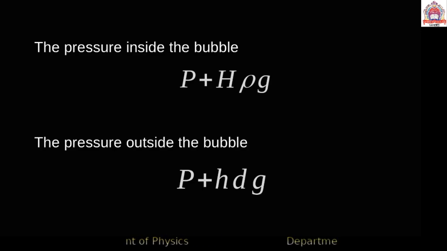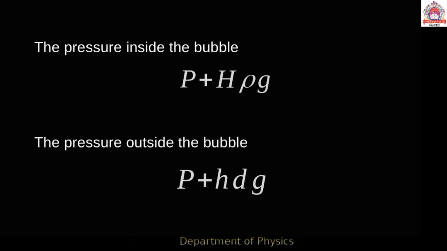So that the pressure inside the bubble is equal to P plus H rho g, where capital H is the maximum difference of the levels, or that is the difference of the levels of the liquid in the manometer, and rho is the density.